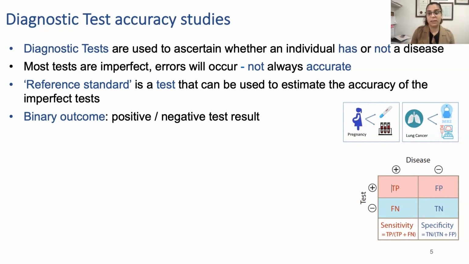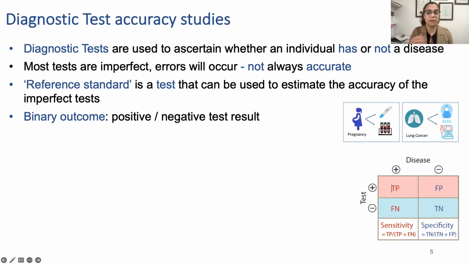They are imperfect in the sense that they cannot always discriminate between patients with or without the disease. So the diagnostic accuracy of the tests, in that case, should be evaluated. And when we mention diagnostic accuracy, we refer to the ability of a test to correctly detect the presence or absence of the disease. And to do this, we use reference standards.